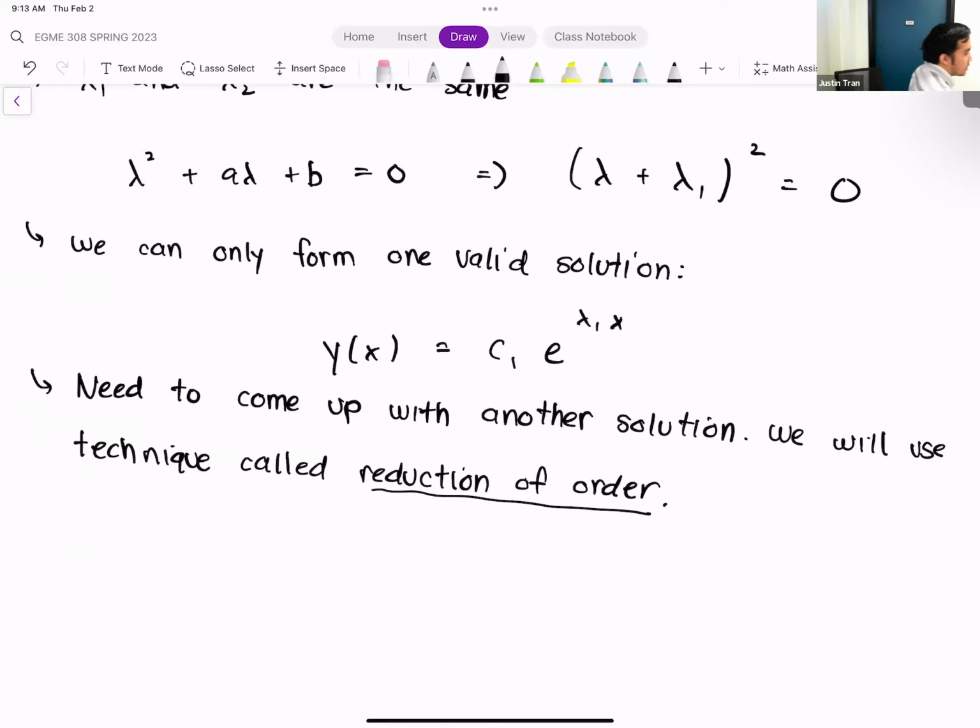And the reason we need to use this technique is that, remember, we also have the restriction that whatever other solution we come up with, it has to be linearly independent from our first solution.